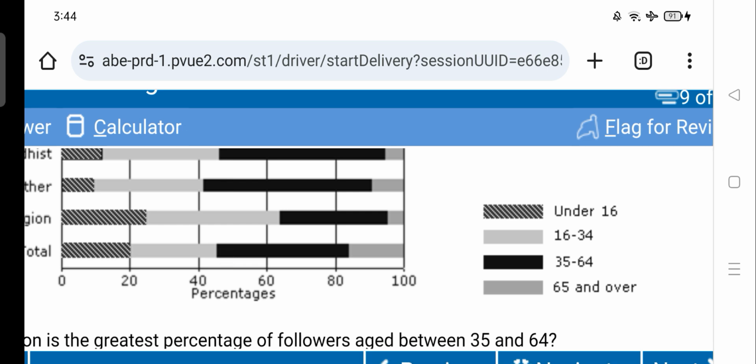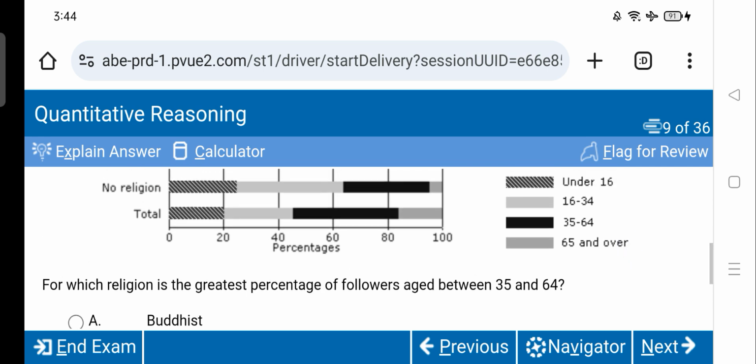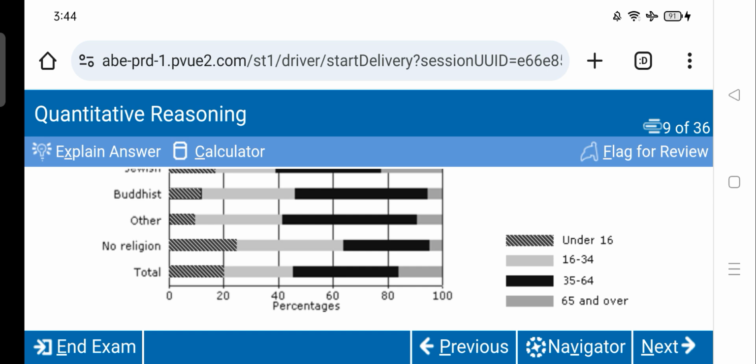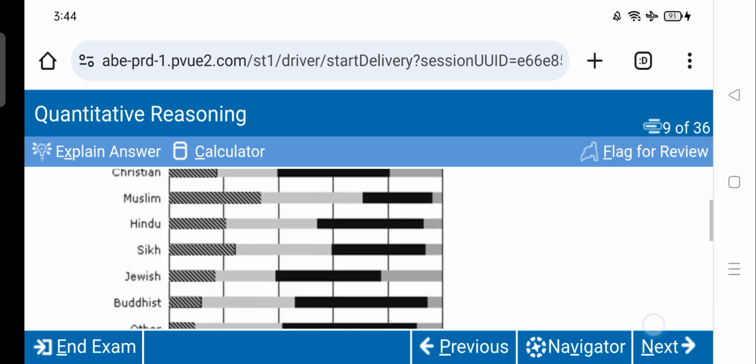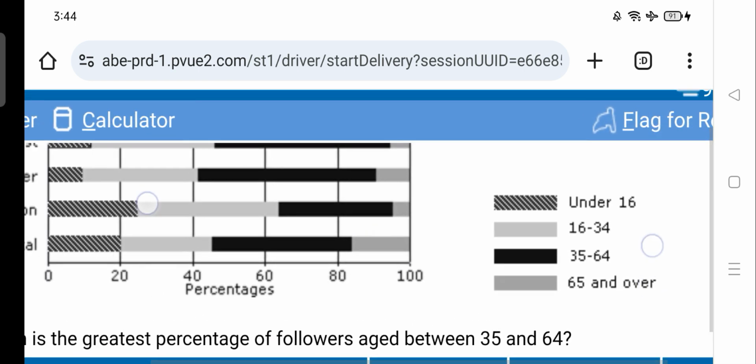Then we have age under 16, 16 to 34, 35 to 64, and then 65 and over. So the question is, for which religion is the greatest percentage of followers aged between 35 and 64? So here you can see for 35 to 64 we have this black bold box.